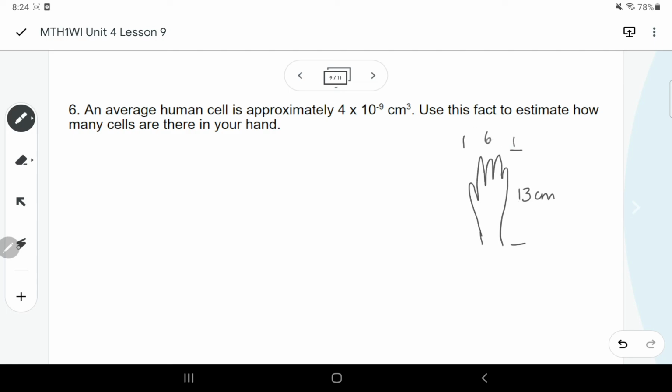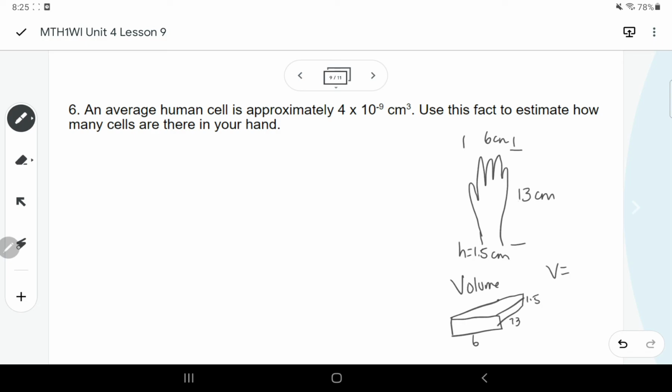And I'm going to say 6 centimeters that way. And the height, I'm going to maybe say 1.5 centimeters. So what's the volume of my hand? If my hand was a rectangular prism, which it is not, but if we kind of ballpark it like that, 13, 6, and 1.5.